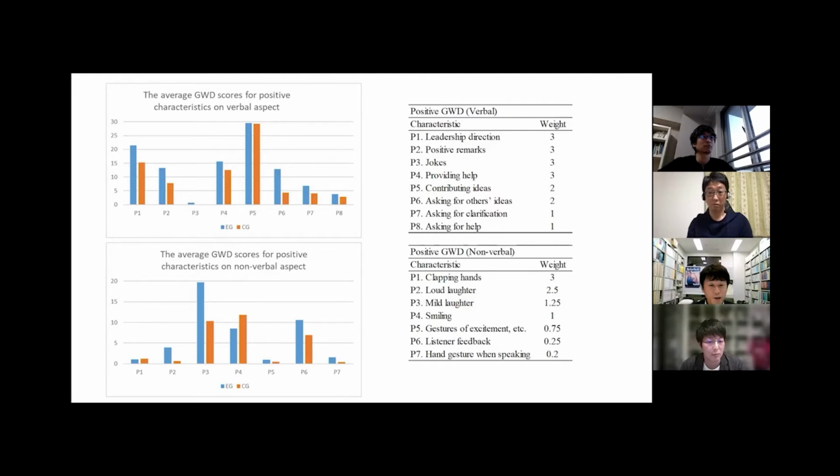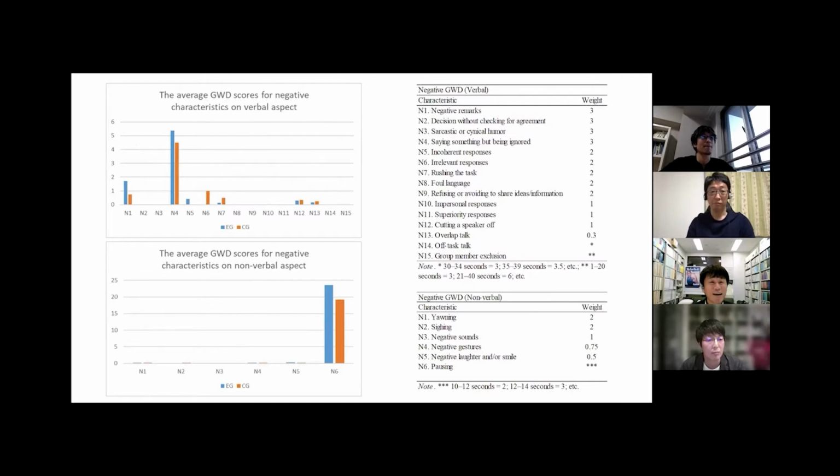On the other hand, as you can see in the next slide, in relation to negative characteristics, all groups exhibited very few, if any, negative behaviors. This may be because the participants in this study were generally considerate of other members in their class and did not use too much negative GWD, which includes ignoring, criticizing, and refusing.